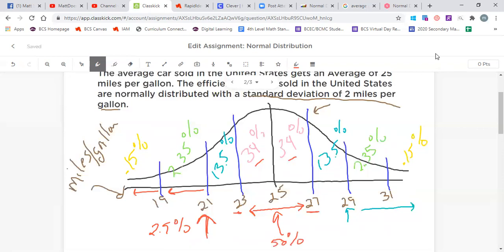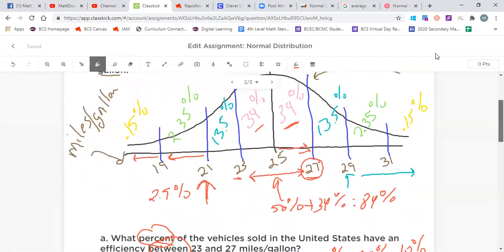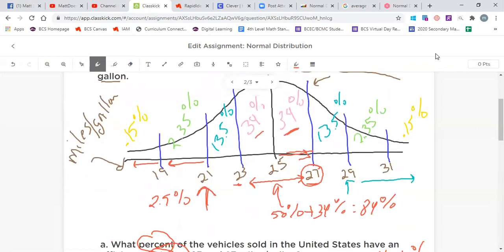And so all I need to do is find 84%. If this is my 50% line, all I've got to do is work my way up one more spot, and you'll notice that I have 34%. What's 50% plus 34%? That is 84%. So at that point, we can identify an efficiency of 27 miles per gallon is greater than everything below it.